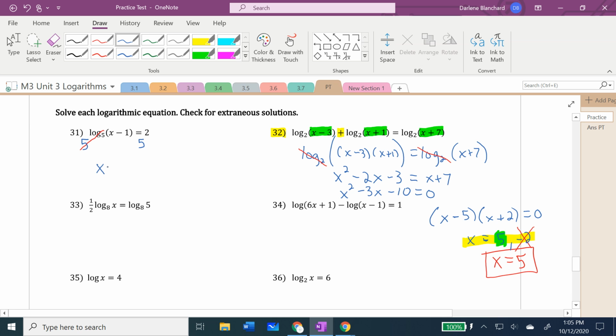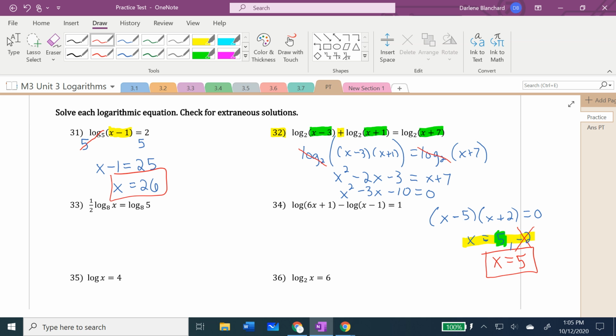They undo each other, and x minus 1 is left. And then 5 to the power of 2, 25, and then add 1. And it's a quick check. Is 26 minus 1 positive? Yes. Good. Answer. Done.